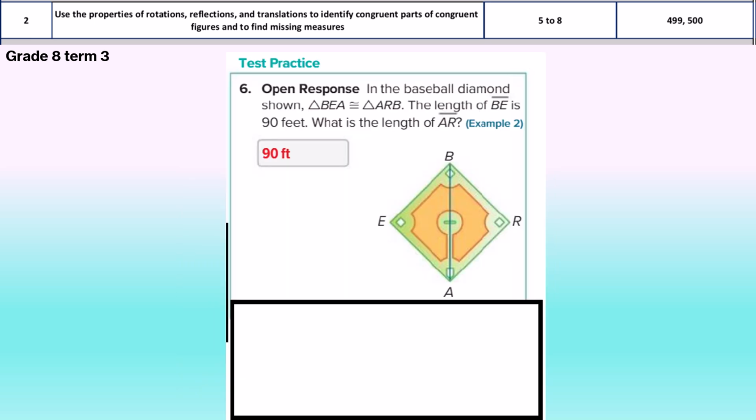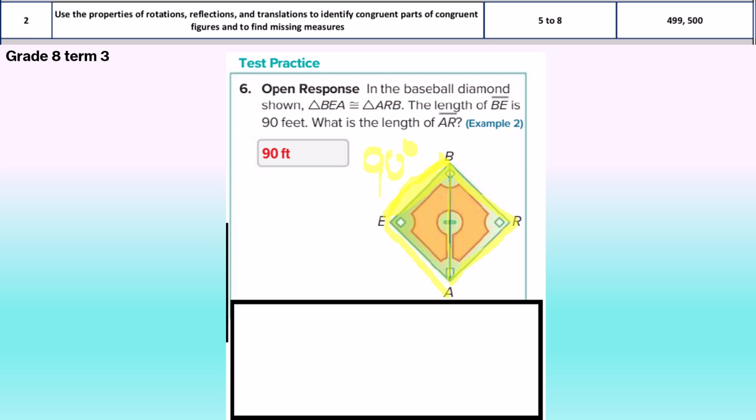Let's move to another example. It says to us now, in the baseball diamond shown below, triangle BEA is congruent to triangle ARB. The length of BE is 90.